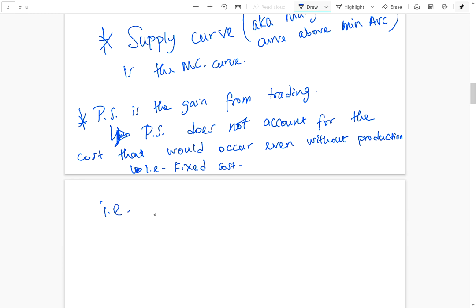Therefore, producer surplus is equal to profit plus fixed cost. Okay. This is a lot of words here. All we're trying to say is that producer surplus will only be equal to our profits if fixed cost is equal to 0. Then producer surplus will be equal to profit.